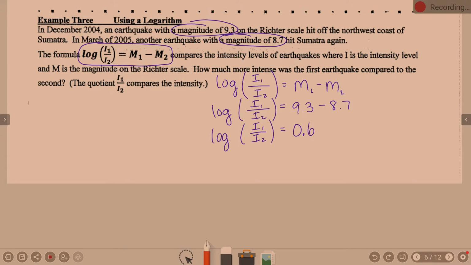Invisible base 10. My left is invisible base 10. So when I rewrite this, left is 10, raised to the power of, what's on the right? We have 0.6 this time, is equal to the middle. What's in the middle? Intensity 1 divided by intensity 2.